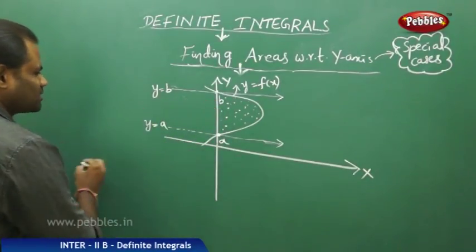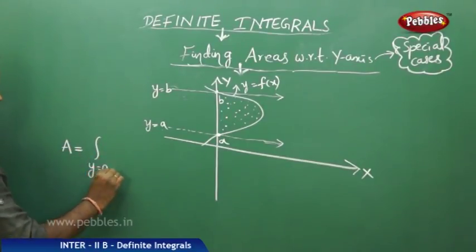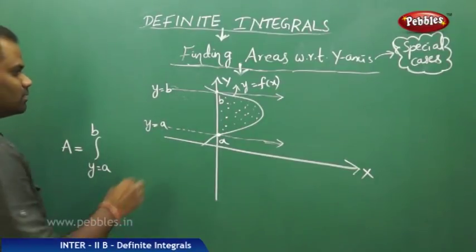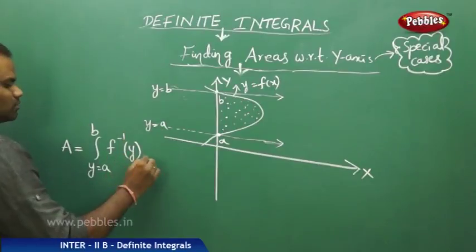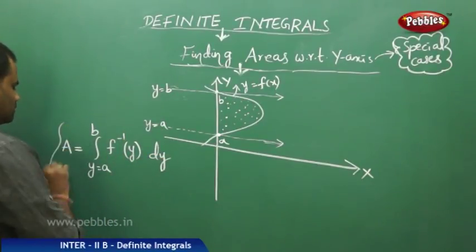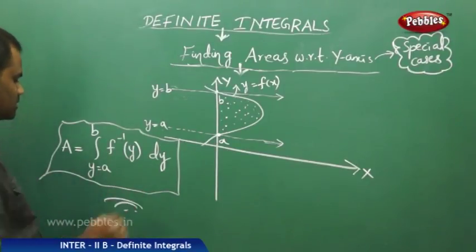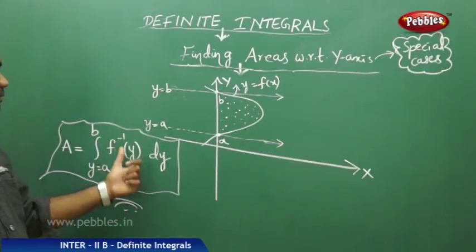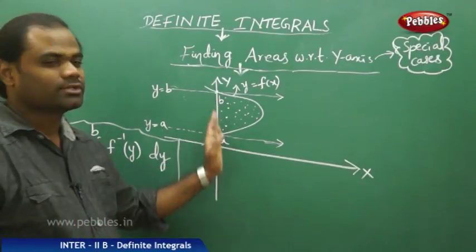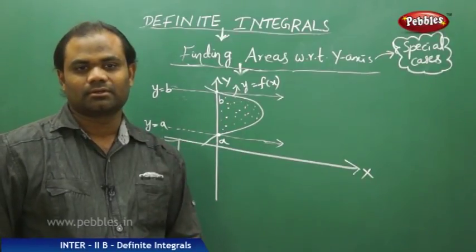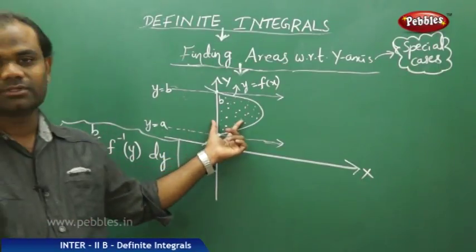Once we get the limits, the required area is the integral from the lower limit to the upper limit of the upper curve minus the lower curve dy, which we obtain as the integral from y equals a to b of f inverse y dy. Finding the area using intercepts converted into limits gives this formula for the area.